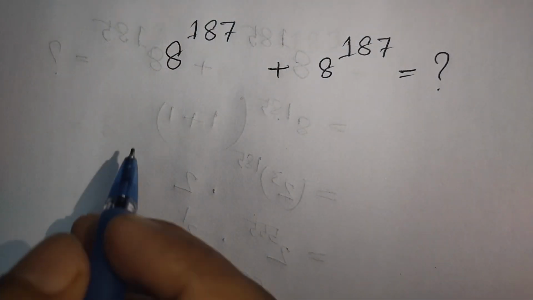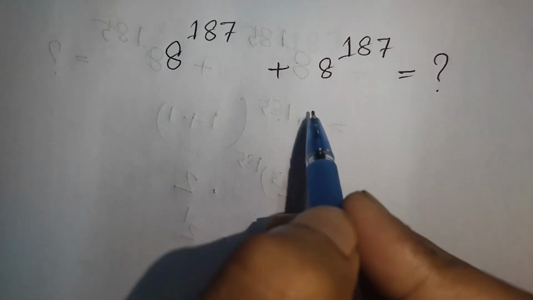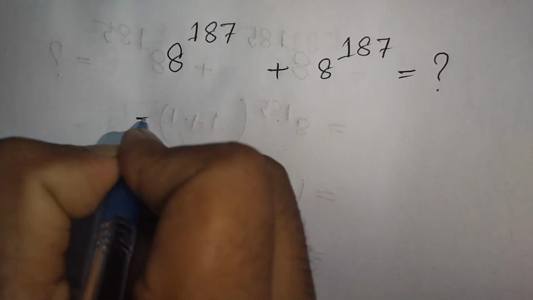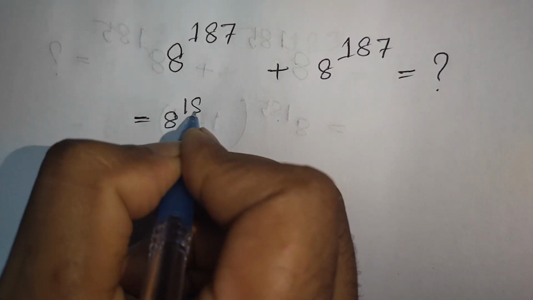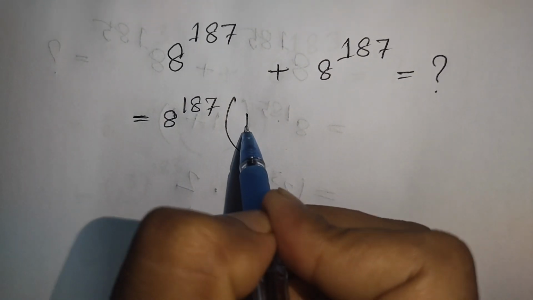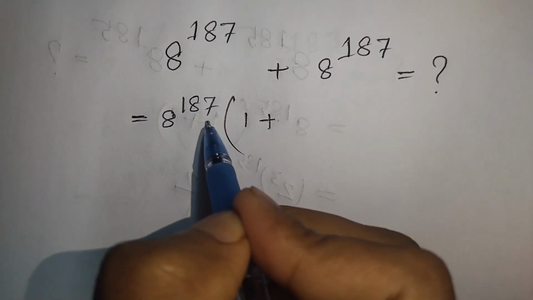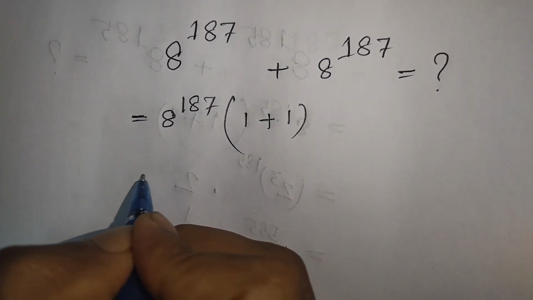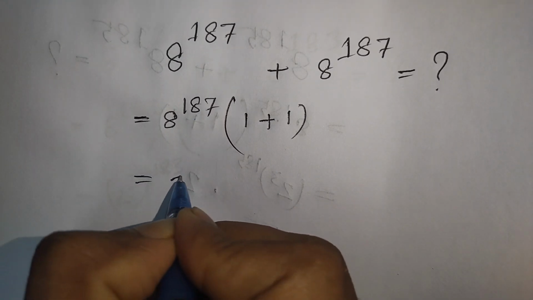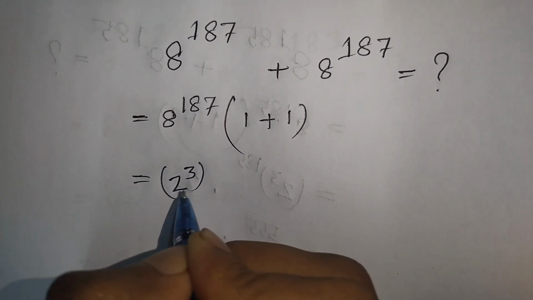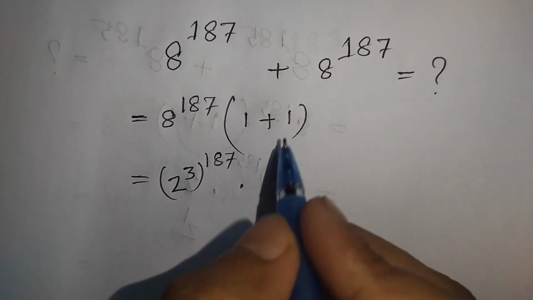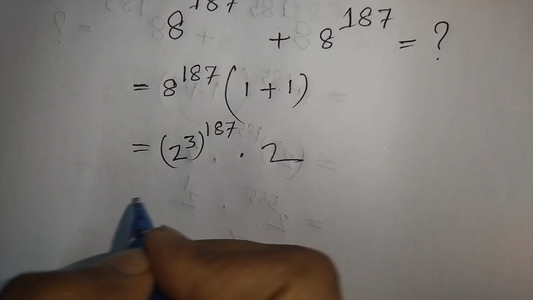So how to solve a to the power 187 plus a to the power 187 is equal to what? At first we take common a to the power 187. First bracket start, this divided by this, that means 1, plus this divided by this, that means 1. Then a to the power 187 is same as 2 to the power 3 bracket for 187 times, 1 plus 1, that means 2.